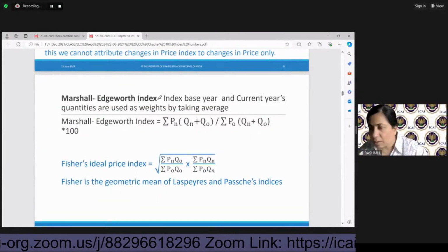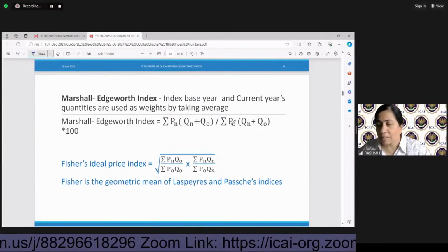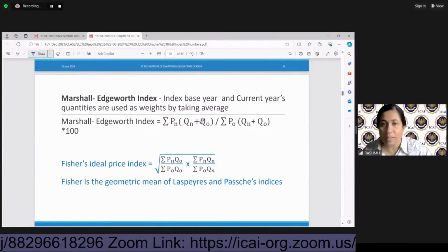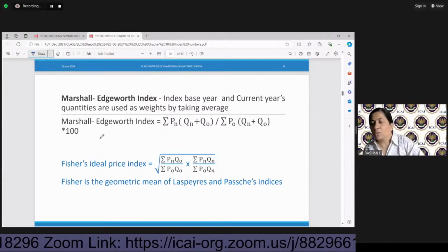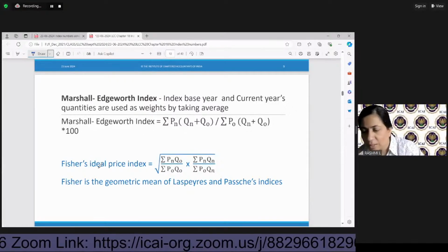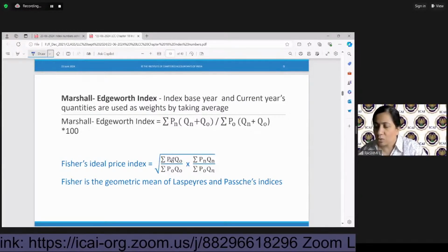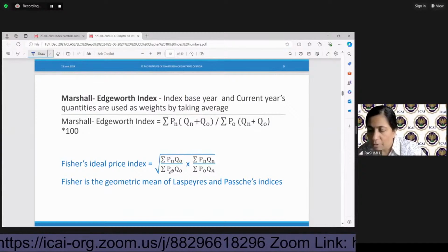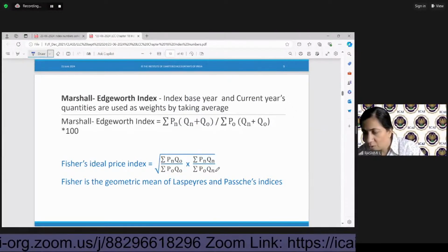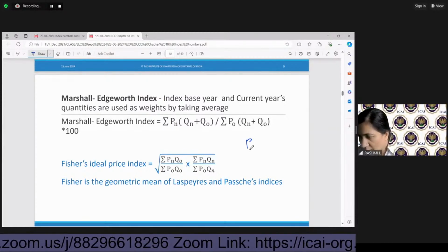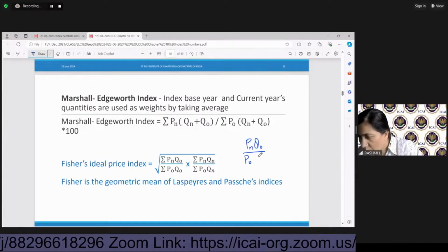Then Marshall-Edgeworth. Here we are using the average quantity as the weight, that is, the current quantity and the base year quantity, we take the average. And Fisher is nothing but the geometric mean of both Laspeyres and Paasche. So this is summation Pn Q0 upon summation P0 Q0, that is current price, old quantity, old price, old quantity.